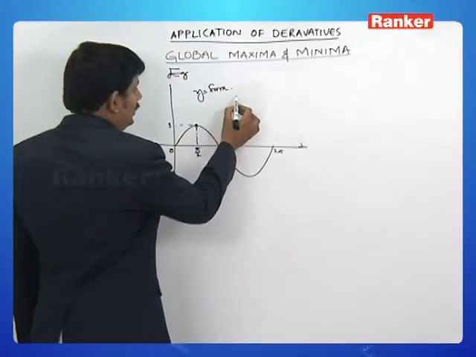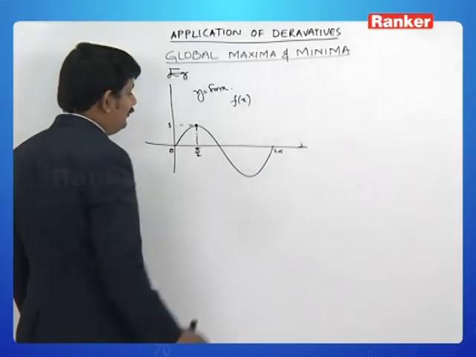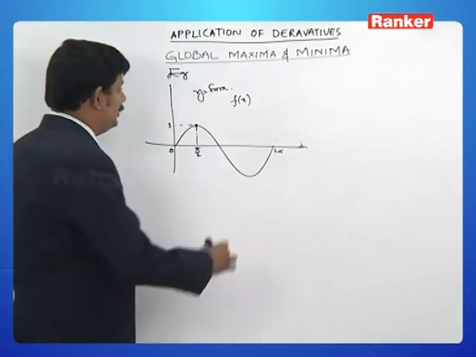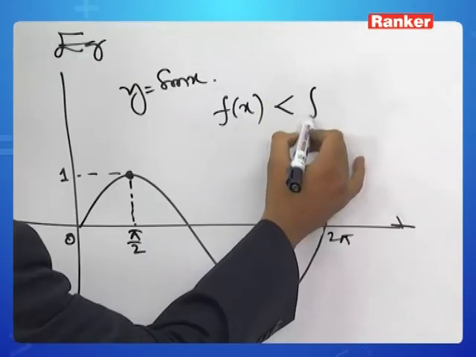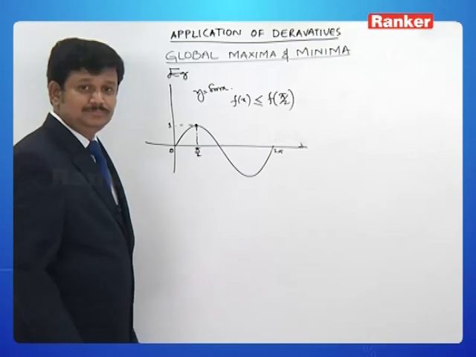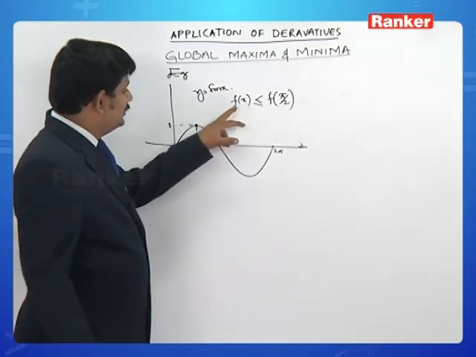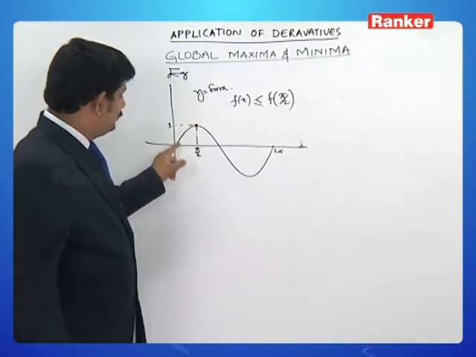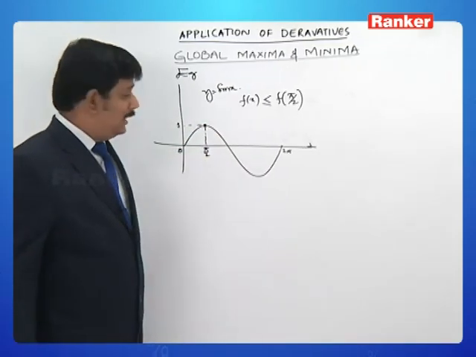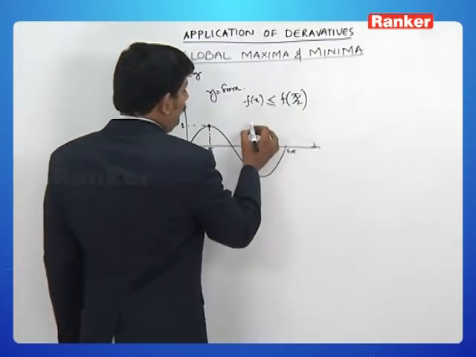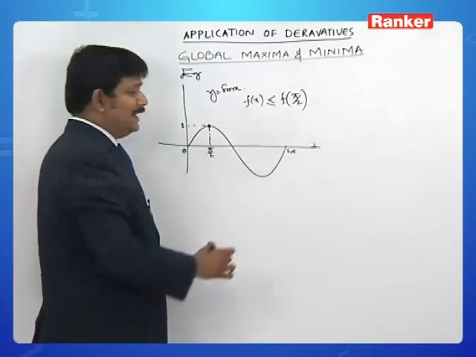Now, f of x for any point x in the interval 0 to 2 pi will either be smaller than or equal to f of pi by 2. F of pi by 2 is 1. Sin x will always be less than or equal to 1, with equality at pi by 2 in this particular interval 0 to 2 pi, and everywhere else it is an inequality. So pi by 2 qualifies to be a global maximum.